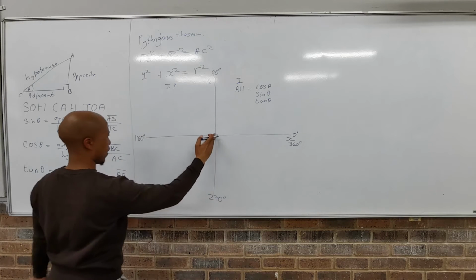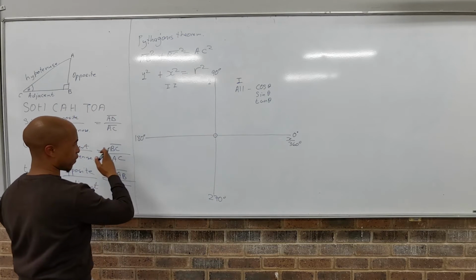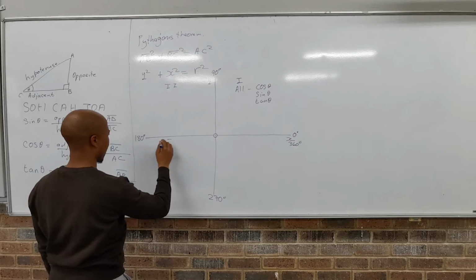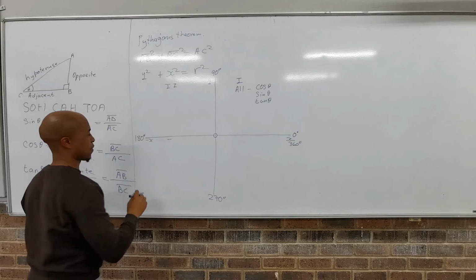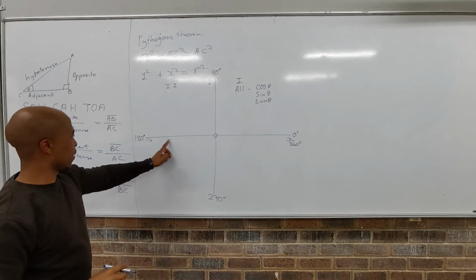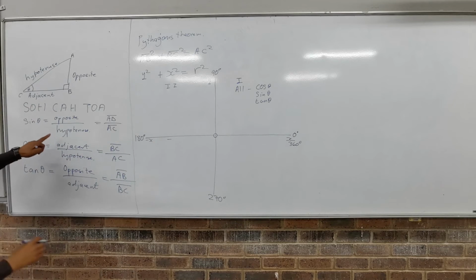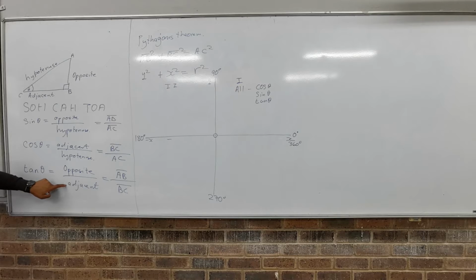Now, moving horizontally to the left, everything this side, you have a negative x. What does this tell you? It tells you that the adjacent side is negative. The adjacent side is negative. So it doesn't need a further word of explanation. That goes to tell you that cos and tan will be negative because the adjacent side is negative.